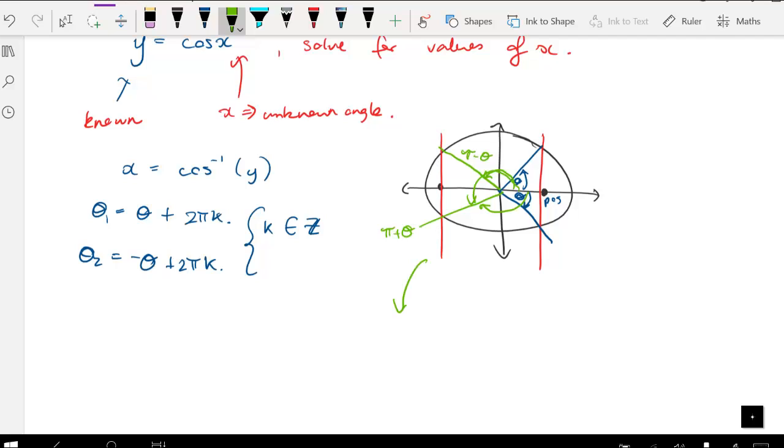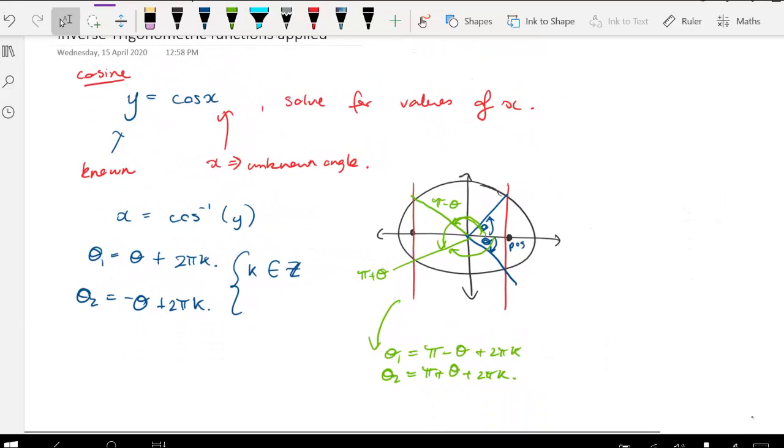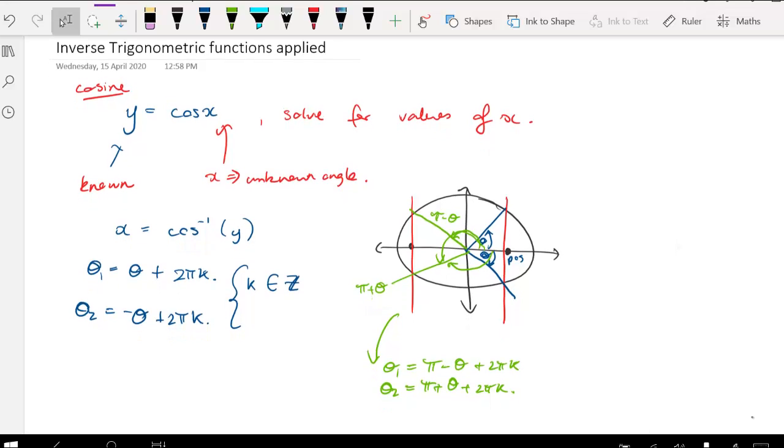And so in this scenario where we started off with a negative value, we end up with our solutions being the first one, pi subtract that acute angle plus 2 pi k, and pi plus that acute angle plus 2 pi k. So hopefully that makes sense, that when we're looking at that inverse trig, we're looking for those unknown angles, and depending on the given domain, they may be infinite or a defined set of solutions based on how many rotations we have to go through.